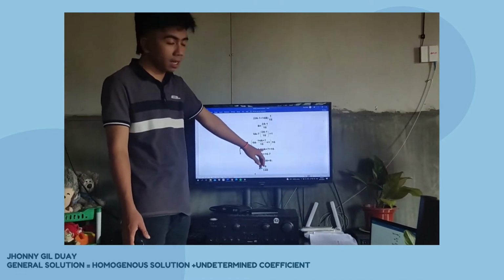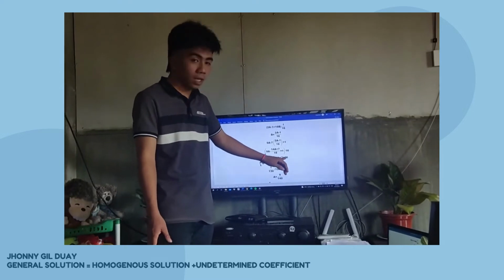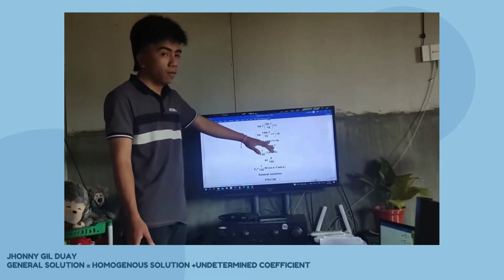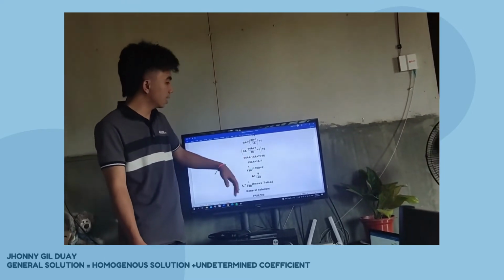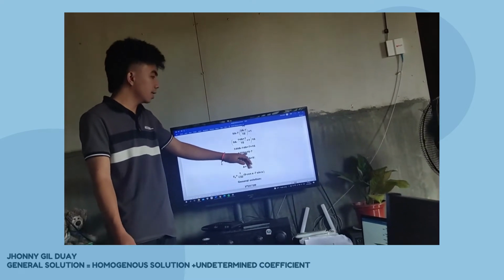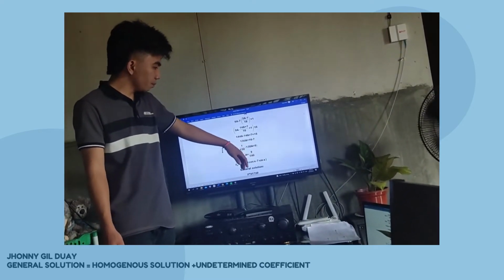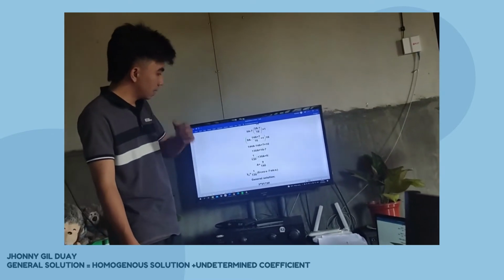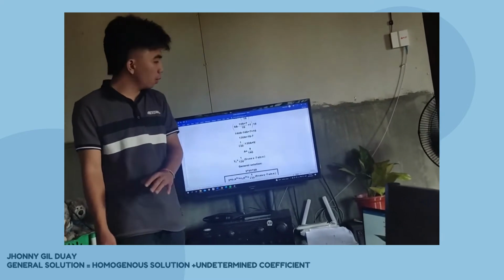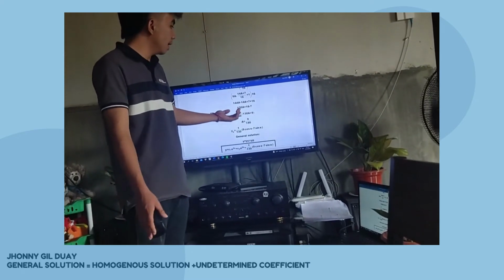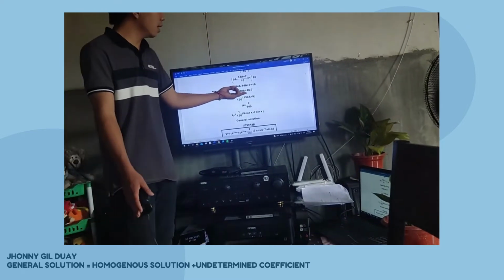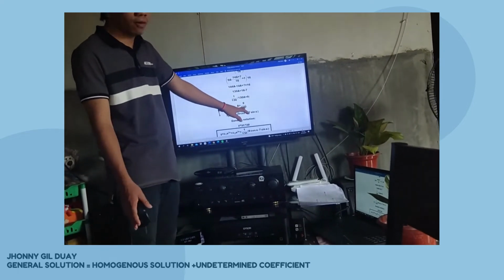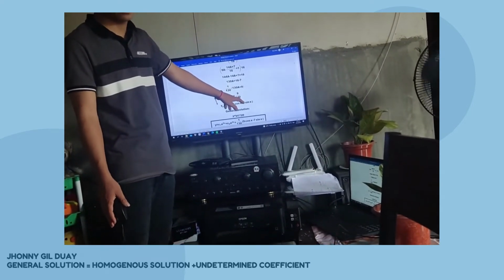We'll have 144a minus 14a plus 7 equals 16. Because we have like terms here, we subtract since one is positive and one is negative. So we will have 130a equals 9. Because we want to get the value of a, divide both sides by 130. So a equals 9 over 130.